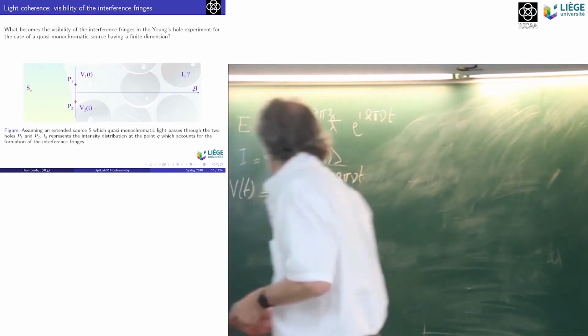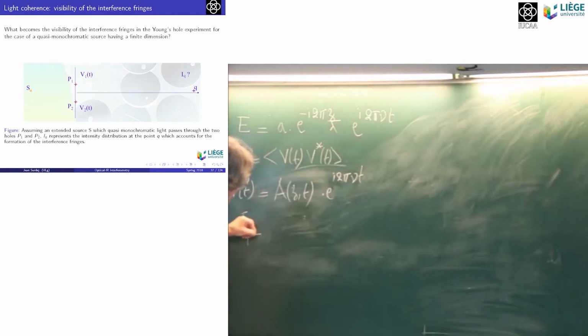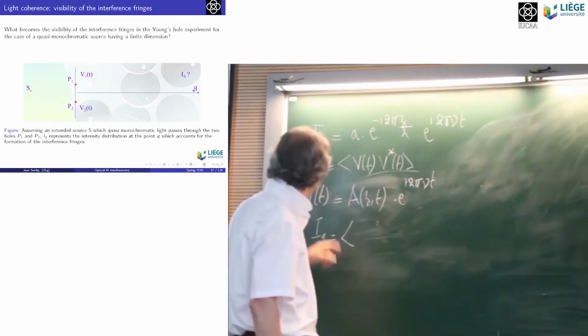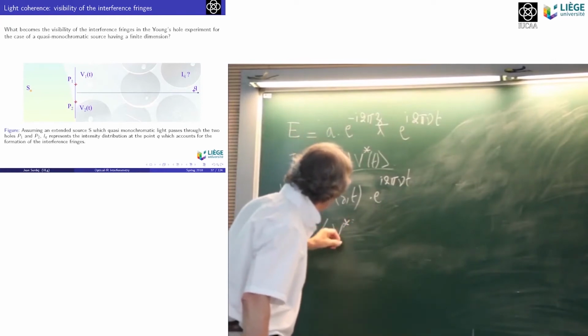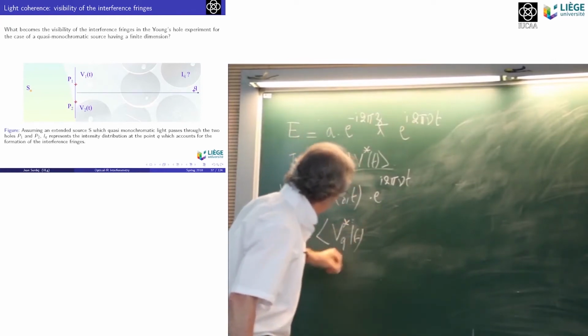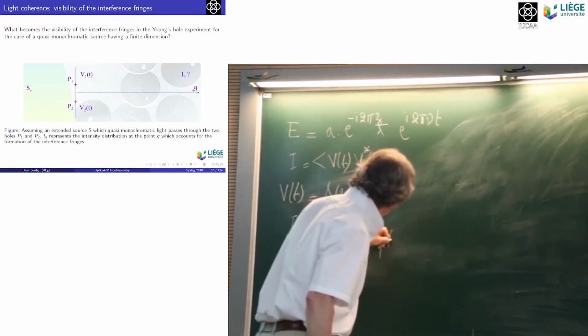Okay, so I know that the intensity at the point Q will still be equal to the time average of the complex conjugate of the electric field multiplied by the electric field itself.